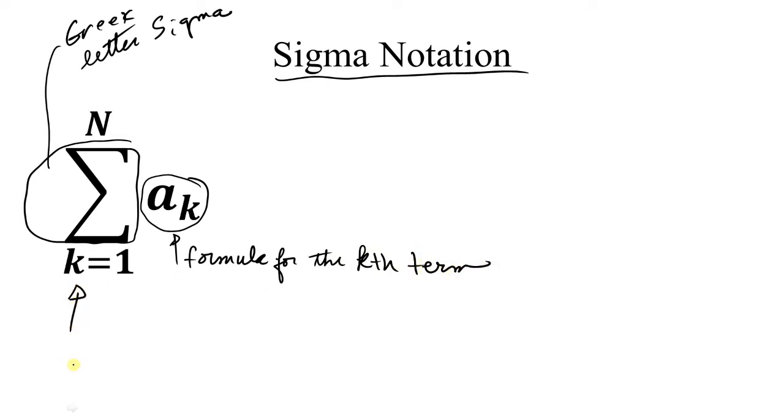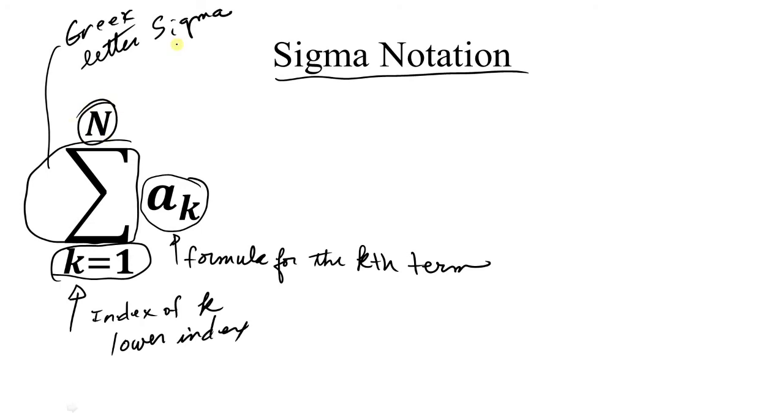and the k equal 1 really indicates the index of k, and this is a lower index. In this case, k is starting out at 1, and the number at the top is the upper index for k.